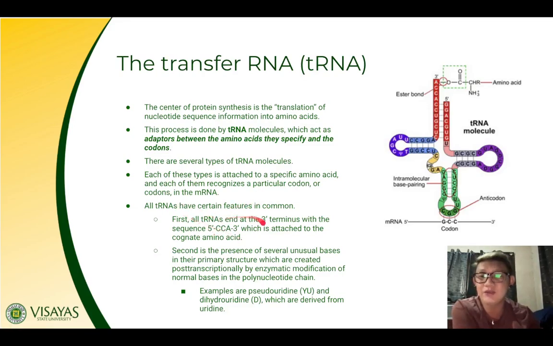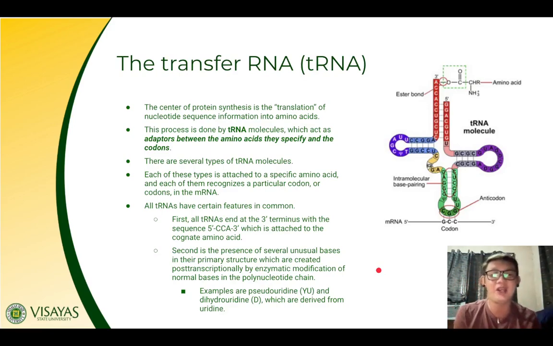All tRNAs have different features in common. First, all tRNAs end at the 3' terminus with the sequence CCA, which is where the amino acid is attached. The second is the presence of several unusual bases in the primary structure, which are created post-transcriptionally by enzymatic modification of the normal bases in the polynucleotide chain.